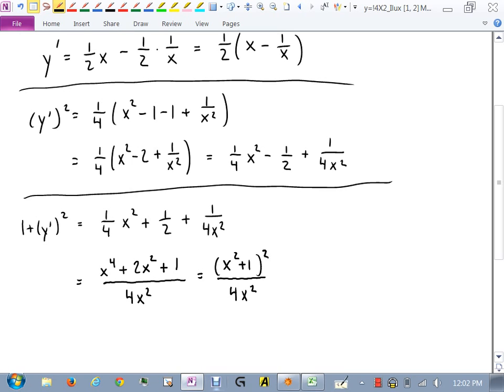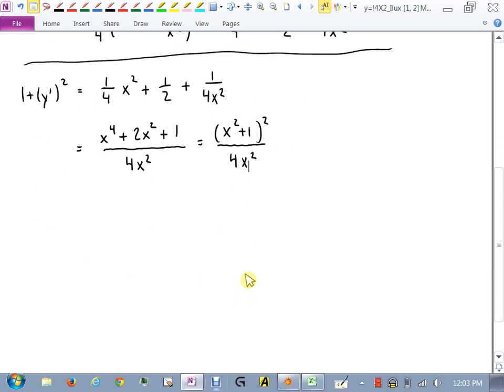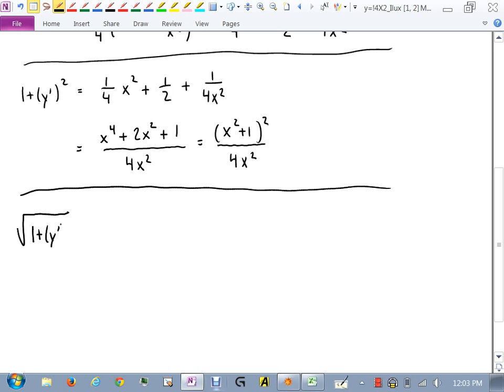And I'm going to be able to take the square root of that, right? Let's do that now, too. I won't even do the integral yet. Let's do the square root of 1 plus y prime squared. So that's just the square root of this, which is x squared plus 1 over 2x, which is really just 1/2 x plus 1 over 2x.